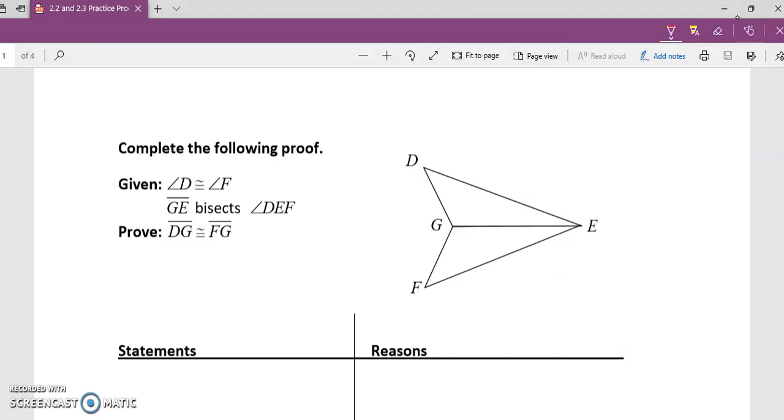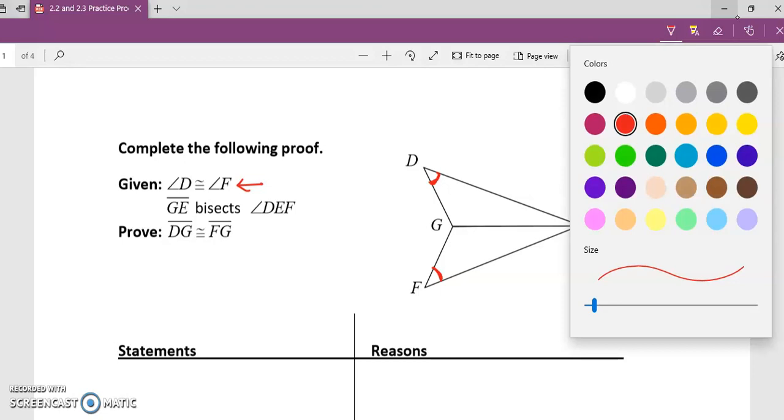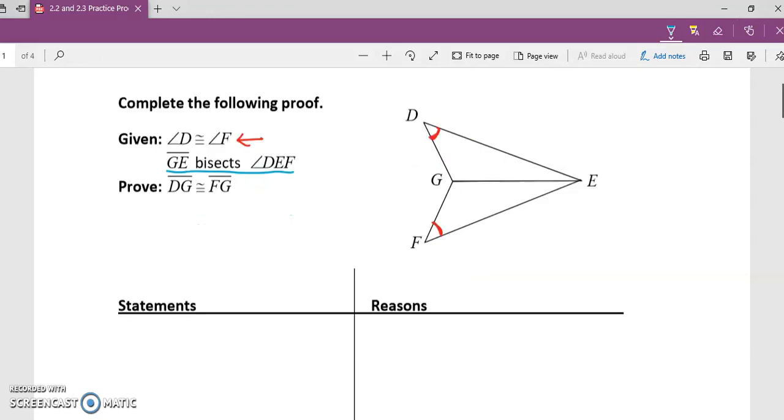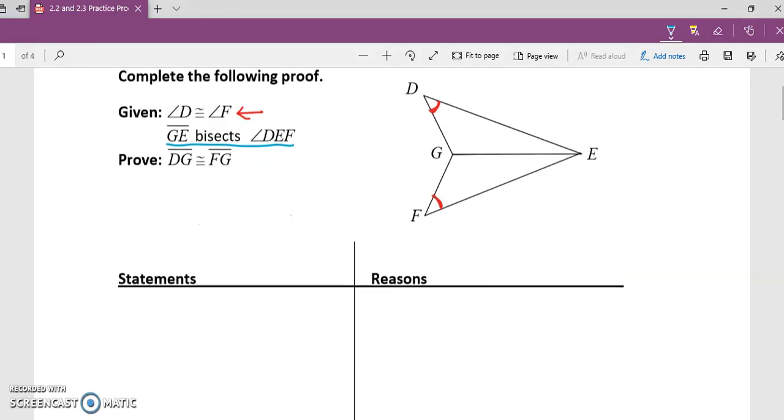I've got this proof here. We've got the given information. Angle D is congruent to angle F. I've got GE bisects angle DEF. Okay, so that's one where we have to make a conclusion. That's our given information, so we start here with our given information.